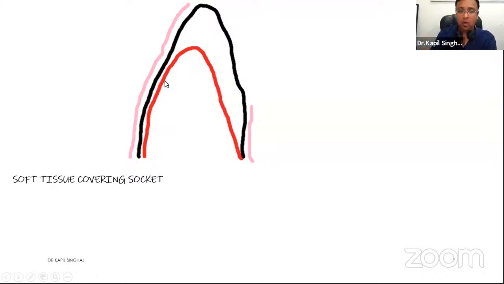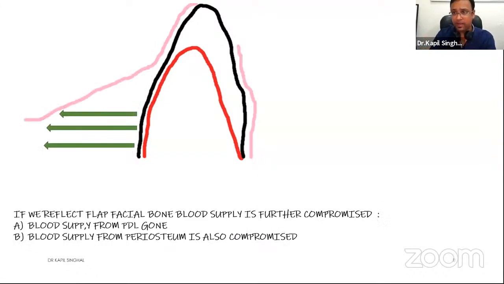So now suppose we reflect the buccal or facial flap, it means you have reflected the periosteum also, of the facial bone. It means now the blood supply of this thin facial bundle bone is completely compromised, and there are high chances that if this facial bone is very thin, it will get resorbed.